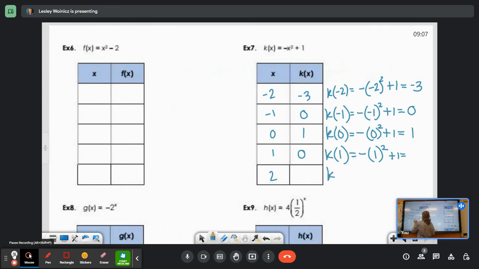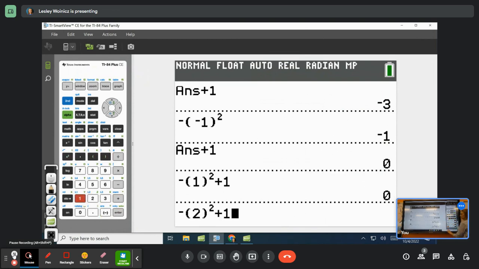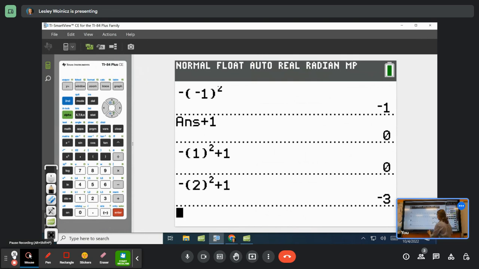And then k of 2 is the opposite of 2 squared plus 1. I got -3.